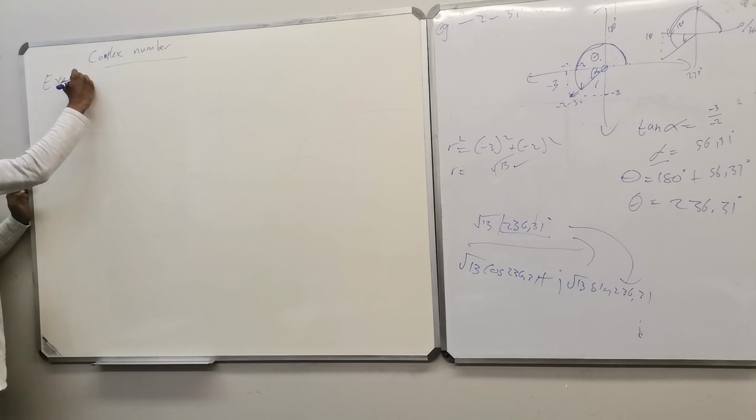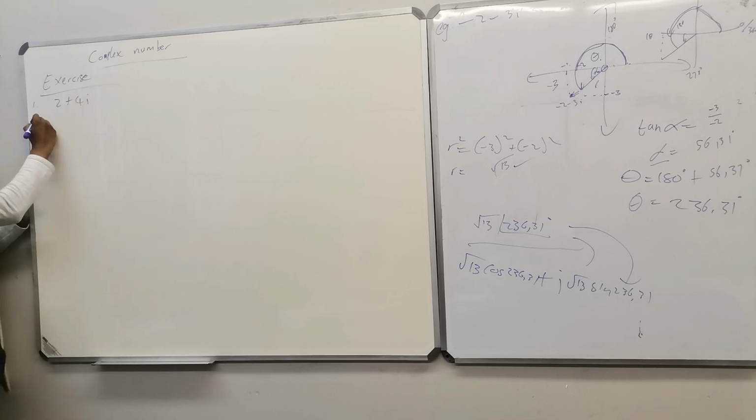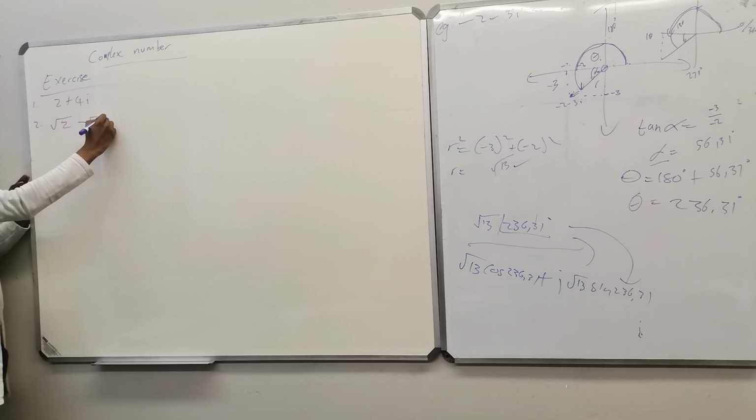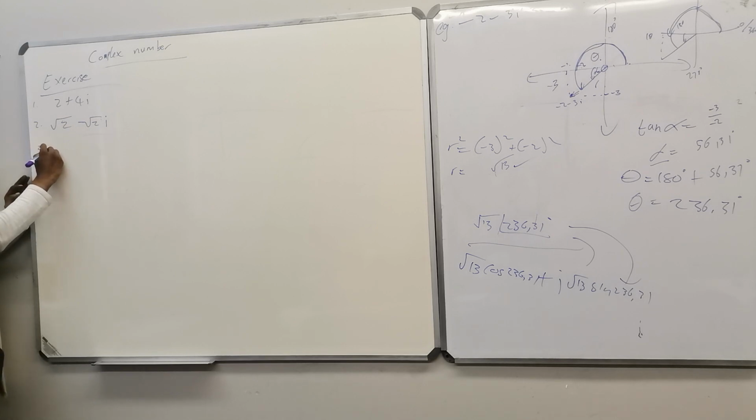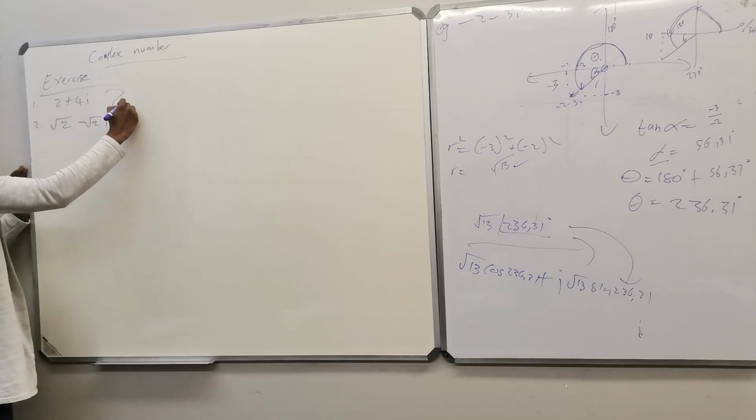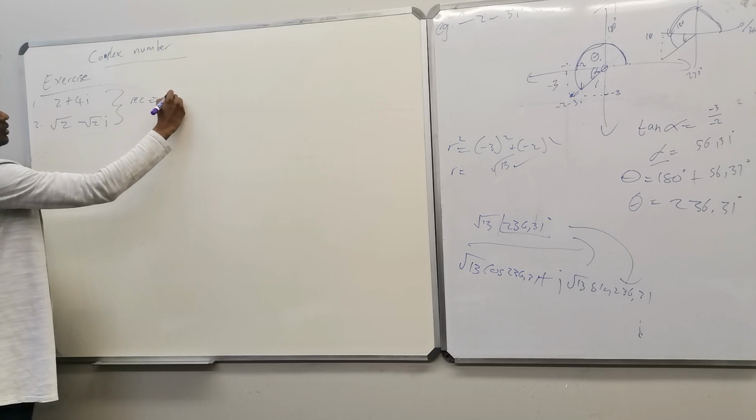Here's an exercise. 2 plus 4i. This here I want from rectangular to polar form.